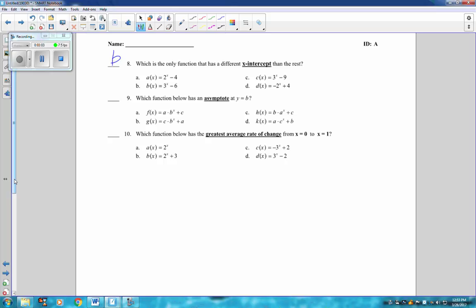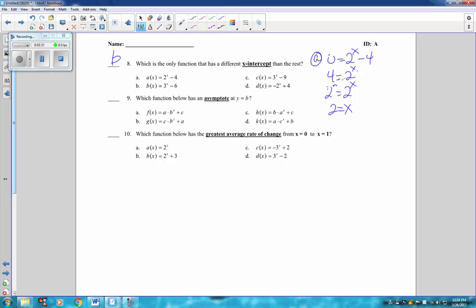For A, if y is 0, that means I'm going to set this equal to 0 and solve it. To solve this, I'm going to add the 4 to the other side. Then I'm going to rewrite this with a base of 2, making it 2 to the 2 equals 2 to the x. When your bases are equal, so are your exponents. That gives us a value of 2.